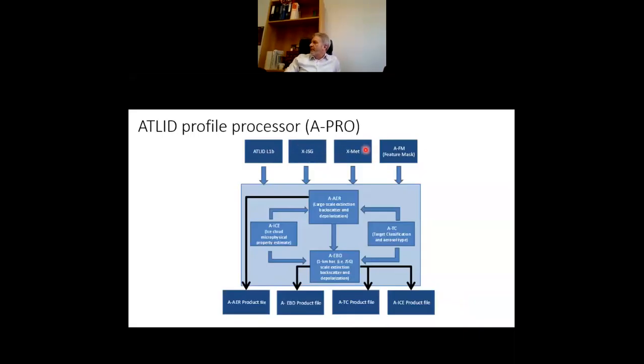The XMET, that's our auxiliary meteorological data. That comes from the ECMWF forecast model, and that's a product that follows the EarthCARE orbit. That's where all our meteorological information comes from, as well as auxiliary information such as the ECMWF cloud forecasts. The cloud coverage is in there too, as well as surface information.